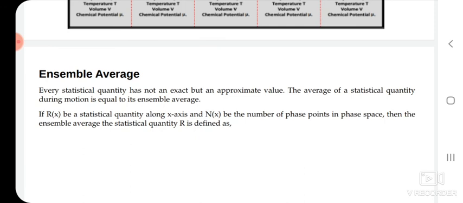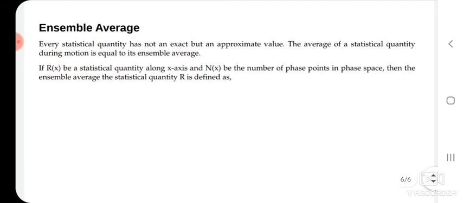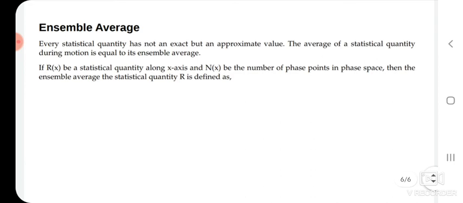If Rx be the statistical quantity along x axis, Nx be the number of phase points in the phase space, then the ensemble average of the statistical quantity R is defined by a formula. I think that formula is not here. Okay, that we will see in the next lecture.